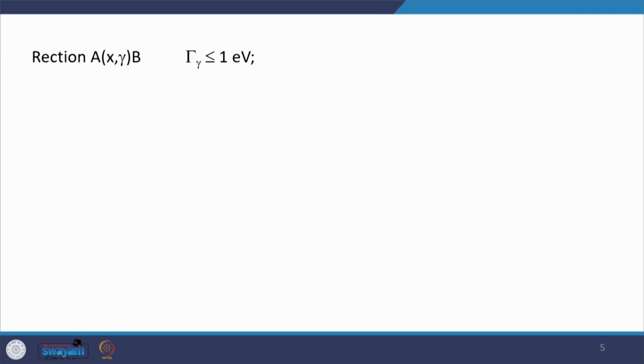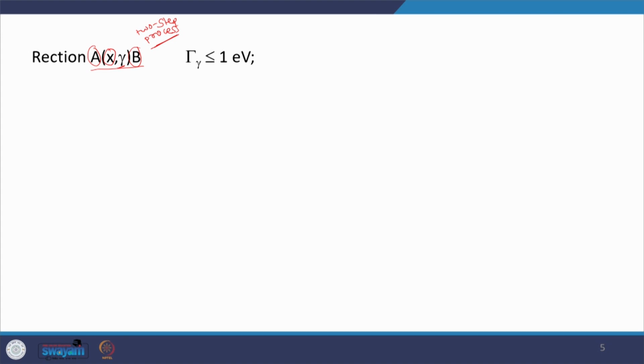Okay? For the sake of simplicity, let us consider this reaction where projectile X is reacting with target nucleus A, giving rise to product nucleus B and a gamma ray in a two-step process. Remember, if it is a one-step process, then it is basically a non-resonant reaction. There is no point in discussing this topic.